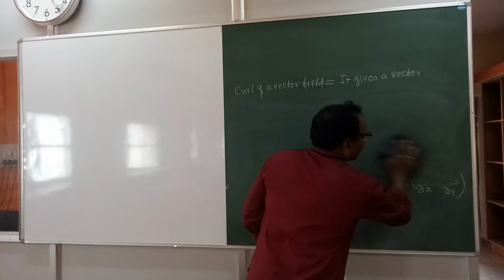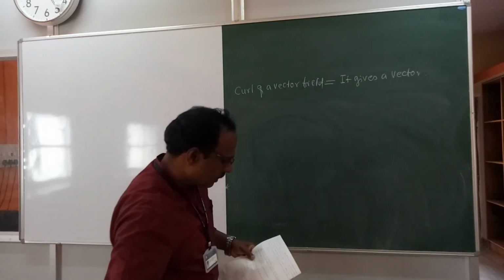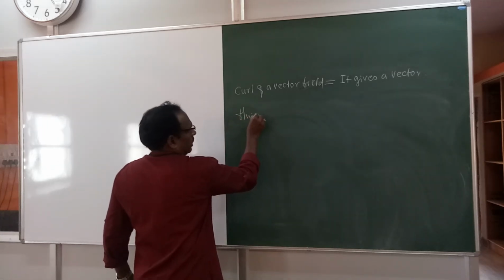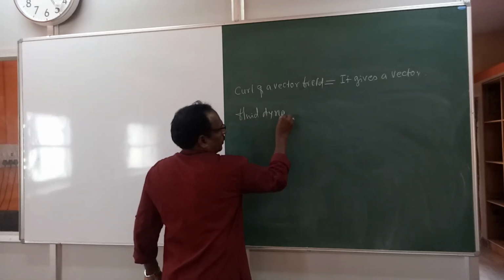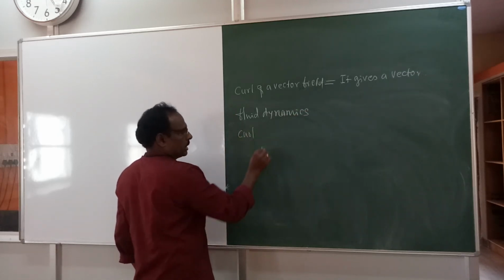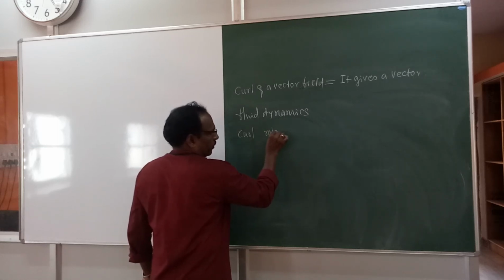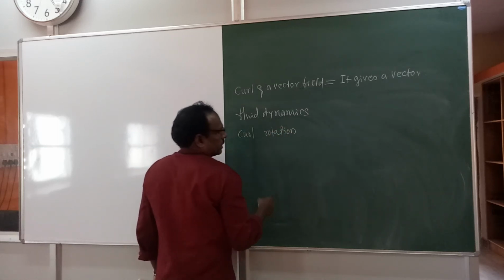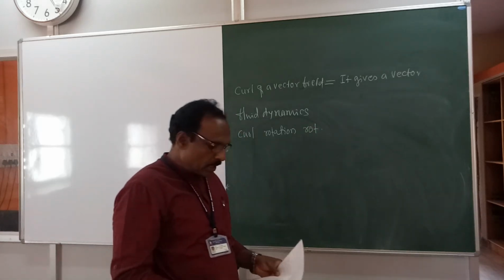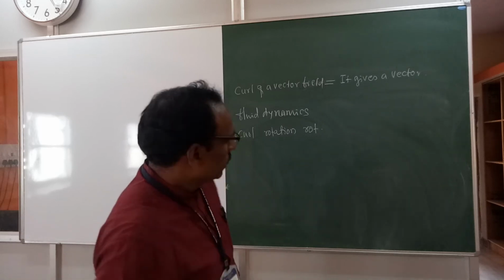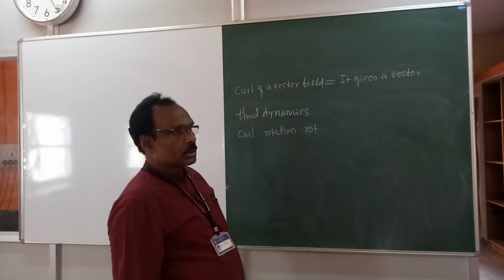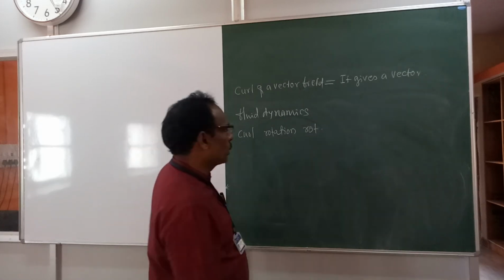So, curl of a vector indicates, in fluid dynamics, rotation, sometimes indicated as rot, or what is called circulation. The fluid vector, that is the velocity vector, has some circulation, has some rotation.